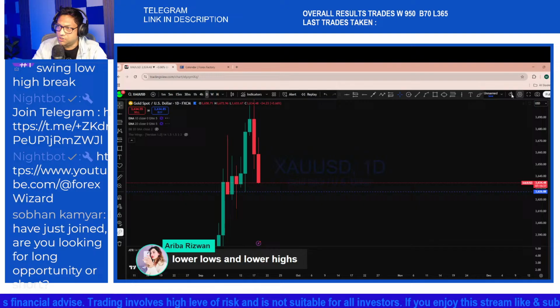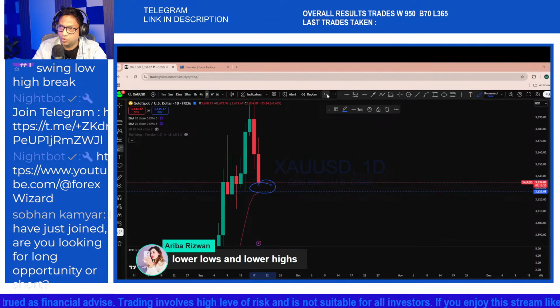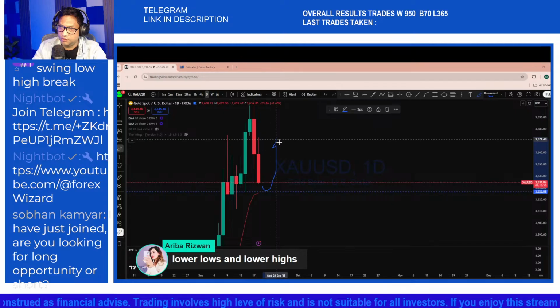And most likely we'll see the market break that liquidity zone and then potentially return again.